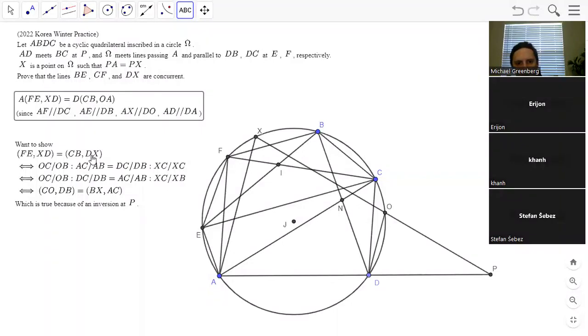Yeah, so in the first equivalence, you see that OC over OB over AC over AB is actually the cross ratio CBOA. Okay, so that thing right there is CBOA.